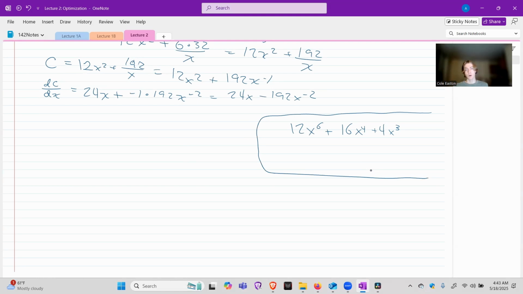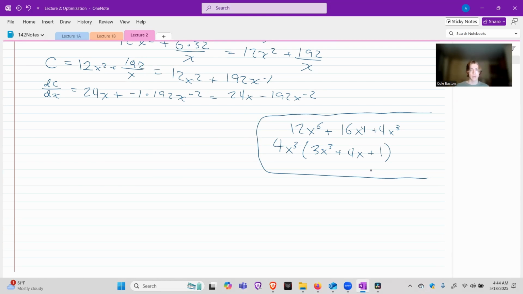Well, I'm going to look at all of the x's that I have here, and I'm going to see which one of them is raised to the lowest power, right? So that means that I can pull an x cubed out of that. It also happens that I can pull a 4 out of that in terms of the coefficients. And so that's going to give me 3x cubed plus 4x plus 1, right? So for each of these new x's, I subtracted 3 from the power because that's what I pulled out front.